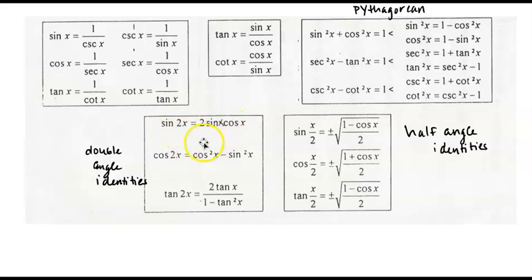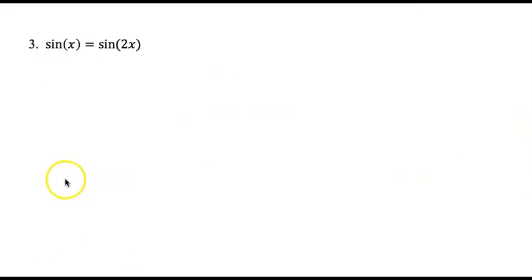So we need this identity to break this apart. All right, and so we can rewrite this as the sine of x is equal to 2 sine x cosine of x because of that double angle identity.